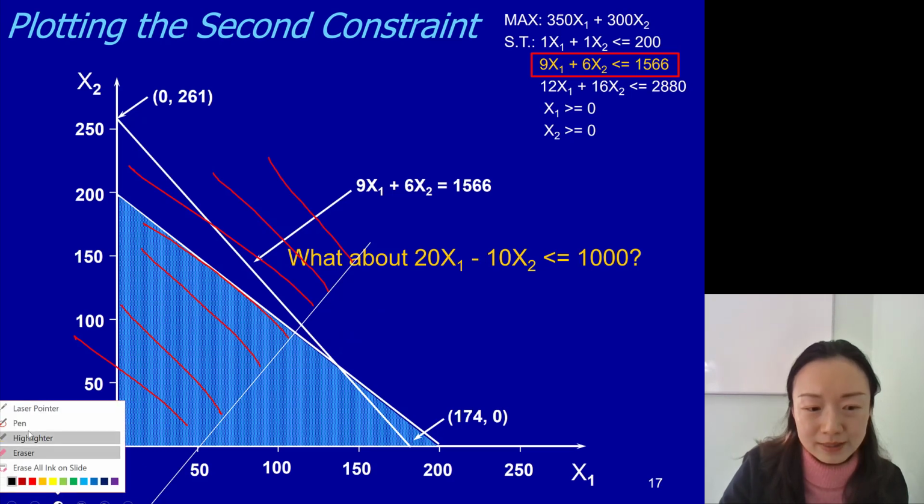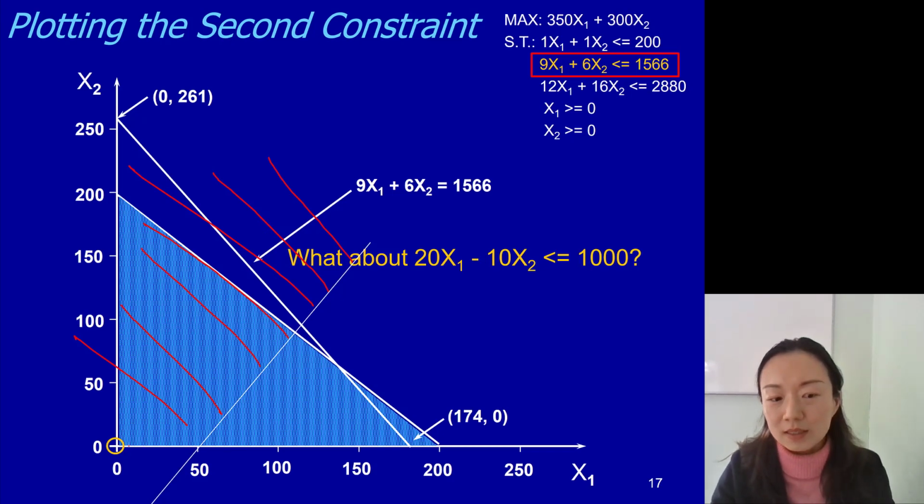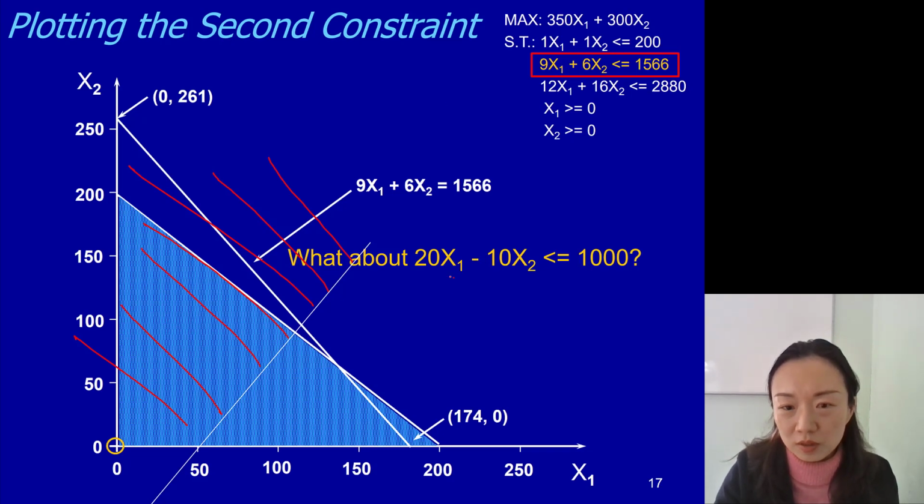Now, if we are in doubt, we can use this 0,0 point to test if we shaded this area correctly. Okay, now we shaded this area and 0,0 is within it, which means that 0,0 should satisfy our constraint. So if we put 0 here and 0 here, we get 0 less than equal to 1000, which is correct. Okay, so 0 is less than 1000.